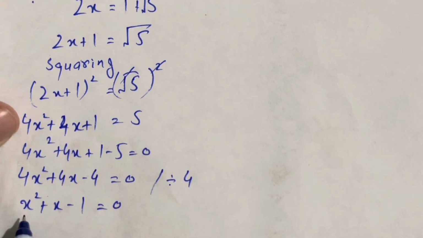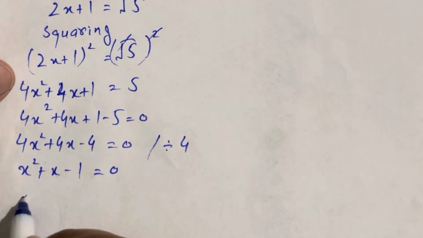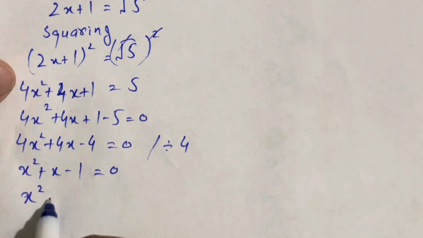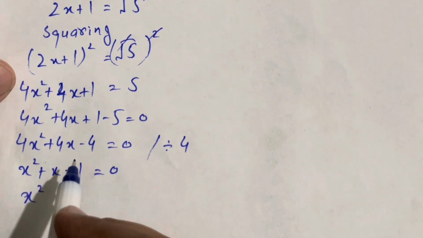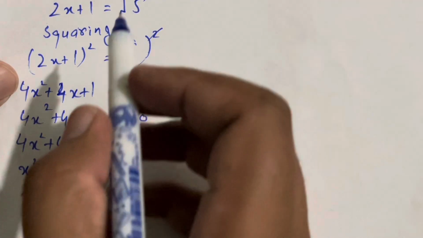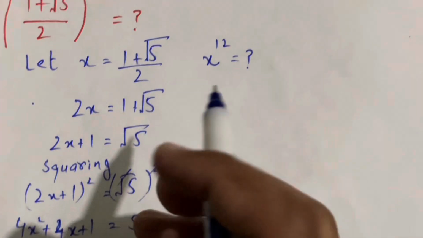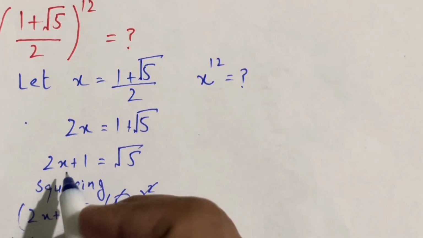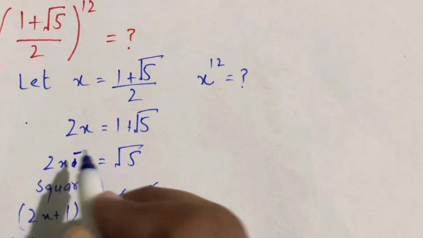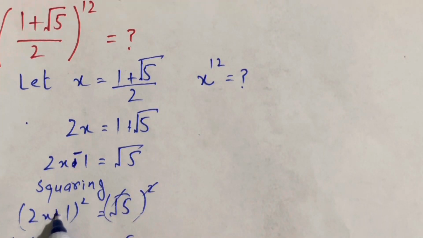So I can find the value of x square like that. Here the sign is minus 1 and here the sign is also minus 1.